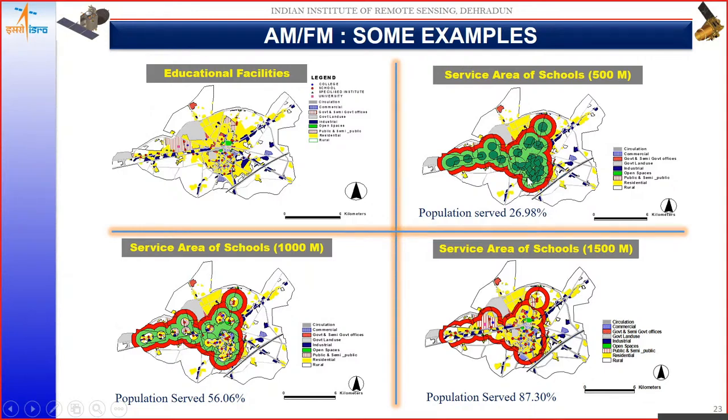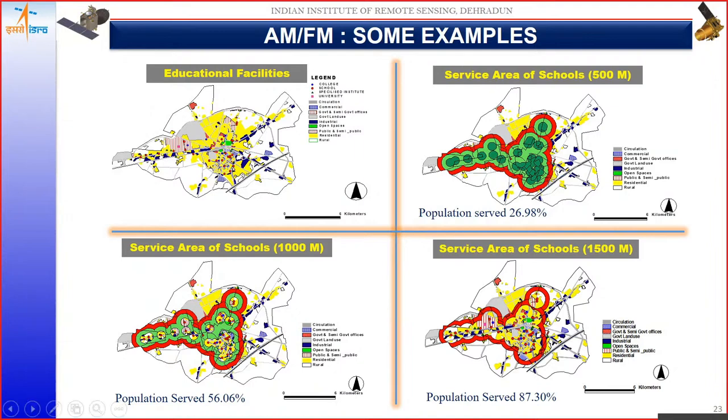You are seeing the innermost circle here, and that is the beneficiary area. With 500 meters, you still see a large area where the facility is not available. You can link the school locations overlapped on the population or built-up density, so the relationship can be built for 500 meters.